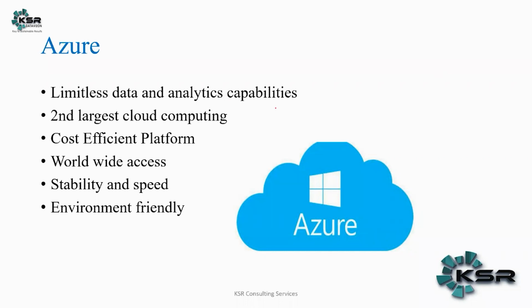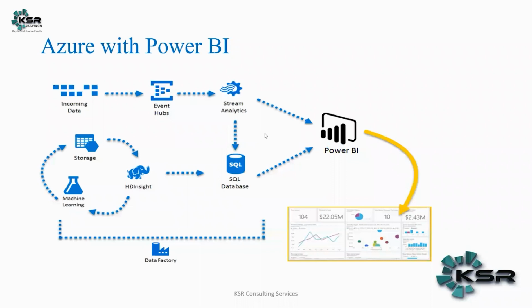Because as I said, unlimited data, and it is the world's second largest cloud computing platform, and more efficient. And across the world, wherever you are, in whichever country, you can easily access it. And even the security, stability, auto scaling, so many advantages we have when we go with Microsoft Azure.